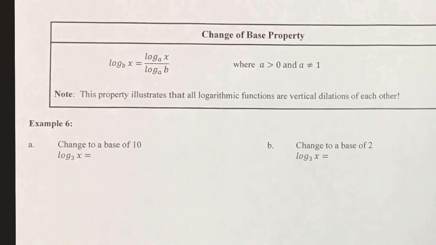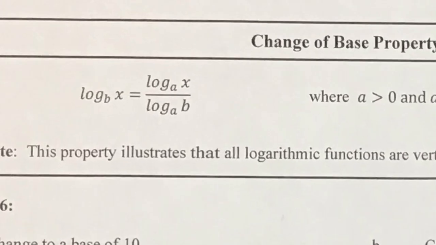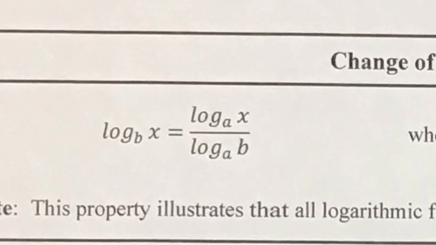Okay, so our final property is this change of base property, which was important before the advent of powerful computers, because we had to figure out what the bases were and use our abacus whenever we were doing these kinds of things. So notice what's happening. You can take the argument, that goes in your numerator, and the base goes in your denominator.